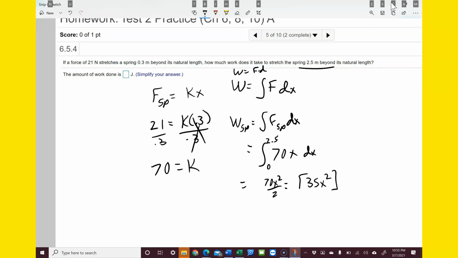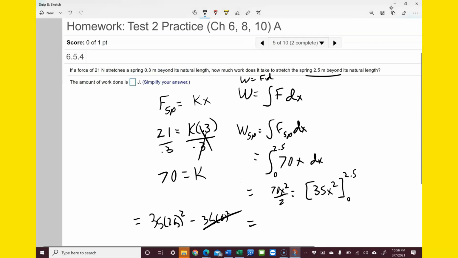Evaluated from 0 to 2.5, which is going to be 35 times 2.5 squared minus 35 times 0 squared. That goes to 0, so 35 times 2.5 squared, I get 218.75 or 218 3/4.